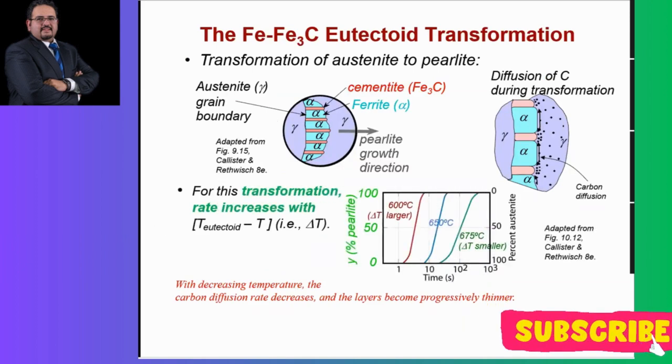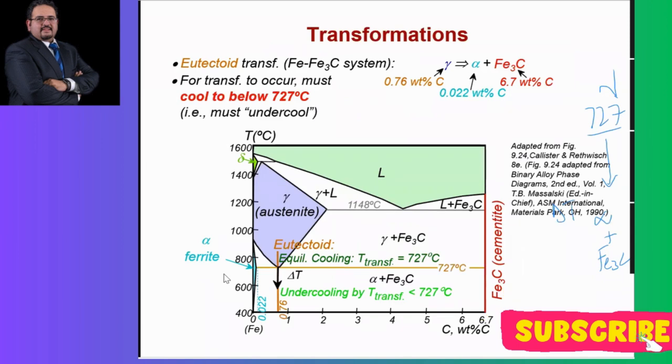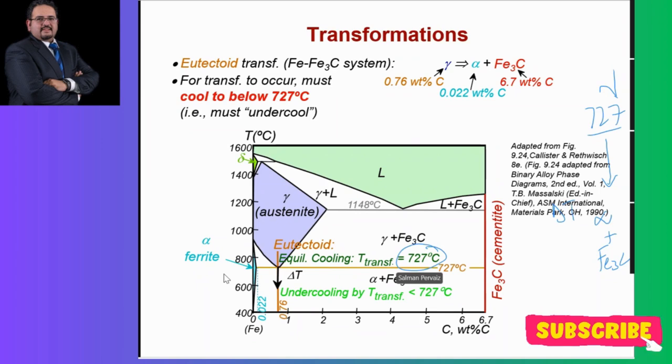So for example, here I am going to show you when it is going to change from 727, this is where austenite is present. It's going to cool down, and let's suppose it's going to give you alpha plus this one, but the temperature is here at 675. So I am going to cool down from 727 to some point here. This is 675.